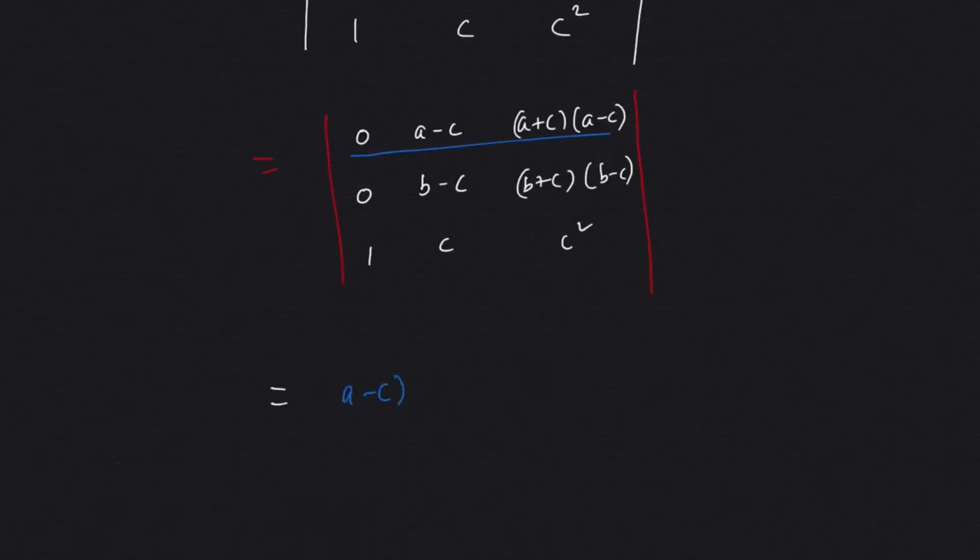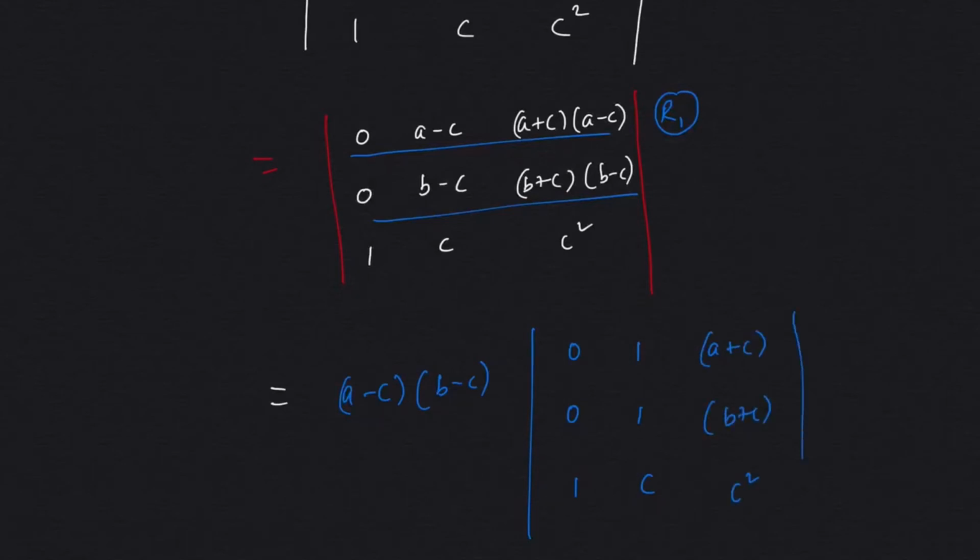So from the first row I am going to take out A minus C common. From the second row I will take out B minus C common. So what is left? 0, 0, 1. Here 1, 1, C. And here only A plus C is left, and here B plus C is left, C square.